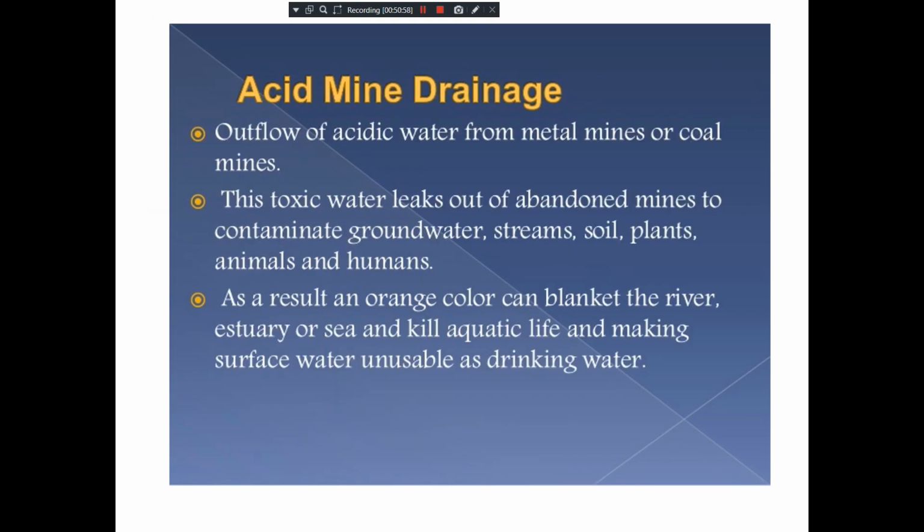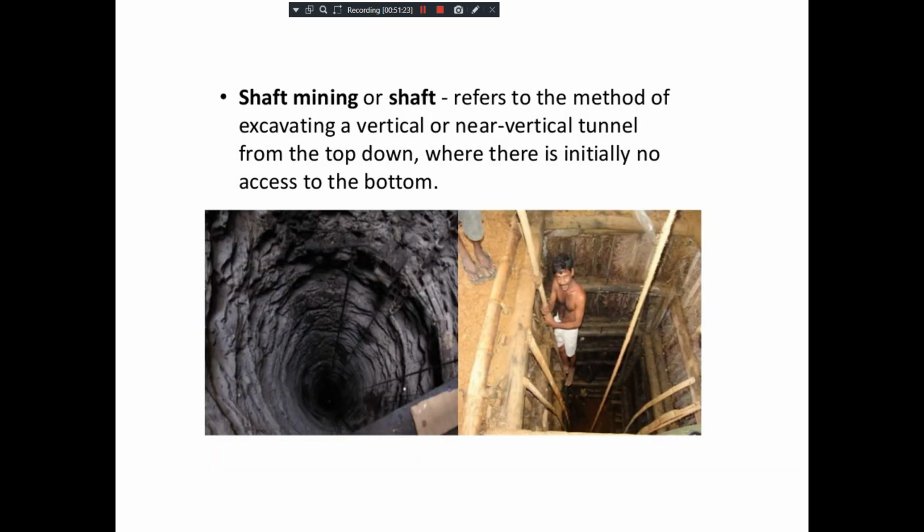So acid mine drainage is the outflow of acidic water from the metal mines or coal mines, which results in orange color in the estuary and sea, kills aquatic life, and makes the water unfit for drinking, and unfit for plants and animals living in the water system.